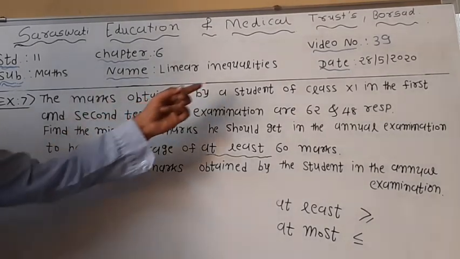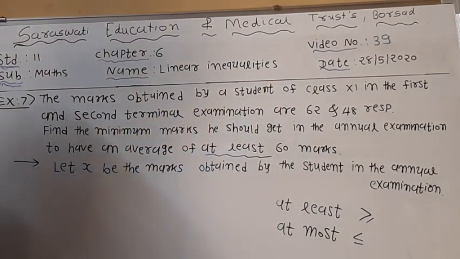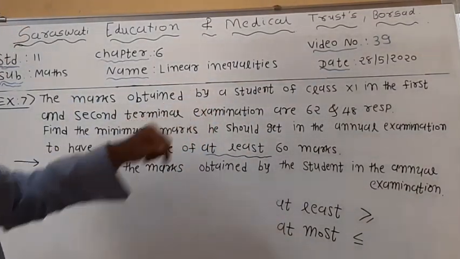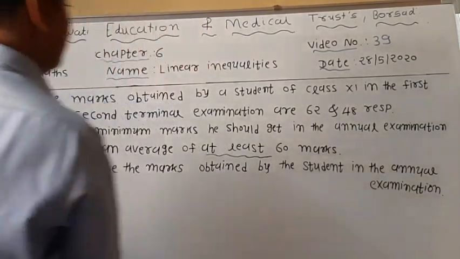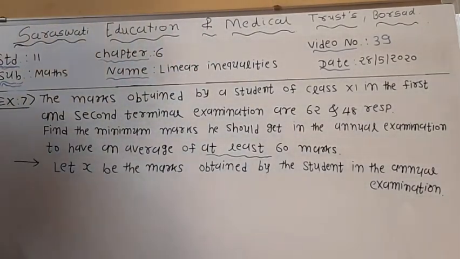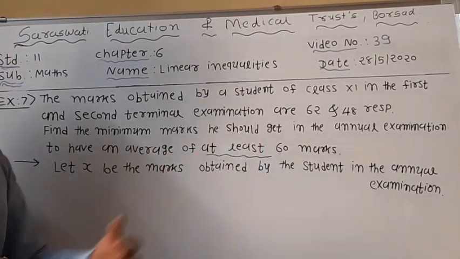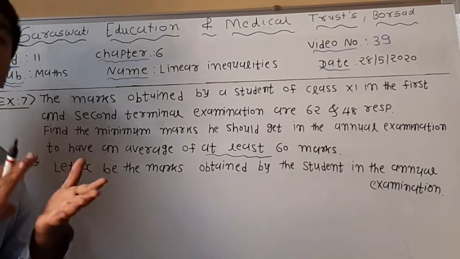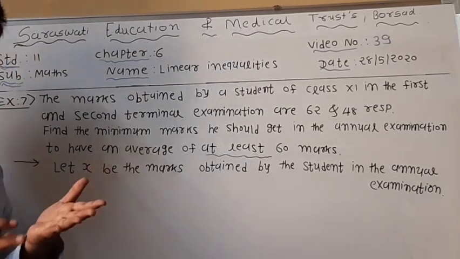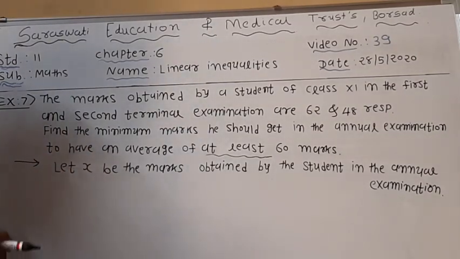Now a student in standard 11, first and second terminal examination marks are given, and we have to find the annual examination mark, and the condition given is that the average is at least 60. That means the annual examination mark is not given, first and second terminal marks are given, and the average is given directly.